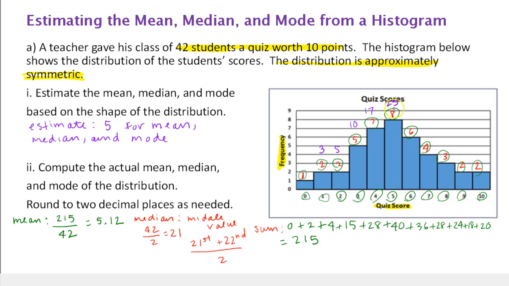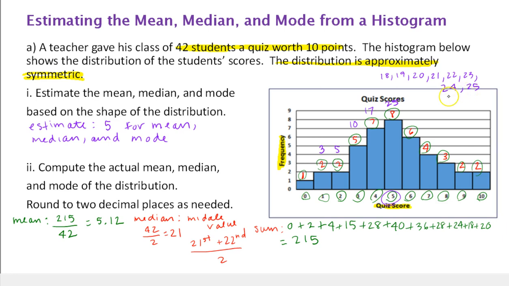Notice we wanted the 21st and the 22nd. The last 4 is the 17th, so that means the 18th, 19th, 20th, 21st, 22nd, 23rd, 24th, and 25th data points are all 5. You don't need to list these out.